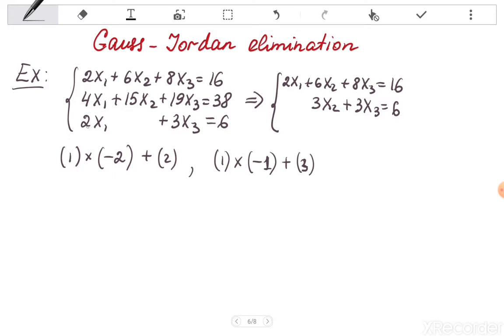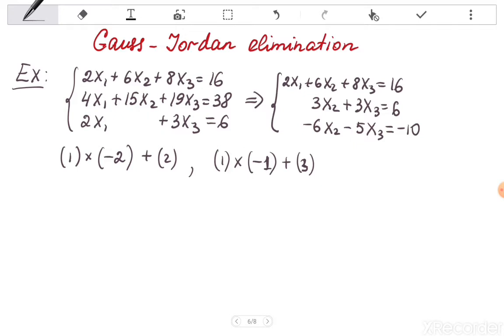So -1 plus this 0, -1 plus this, no coefficient of x2, so I have just -6x2. -8 plus 3 is -5x3, and -16 plus 6 is -10.